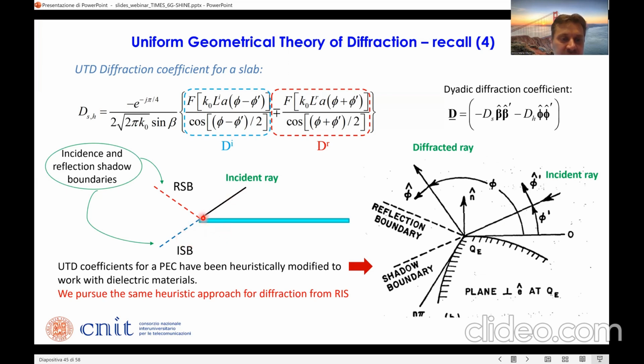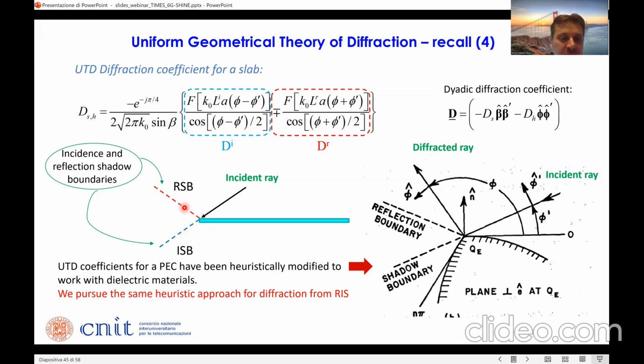So this is the incident ray, and if we follow the ray outside of the edge, we have this shadow boundary called incident shadow boundary, ISB, and this is the shadow region, and due to diffraction we have a smooth transition: when the incident field ceases to exist, we have the diffracted field that compensates for it, and we have a smooth transition.